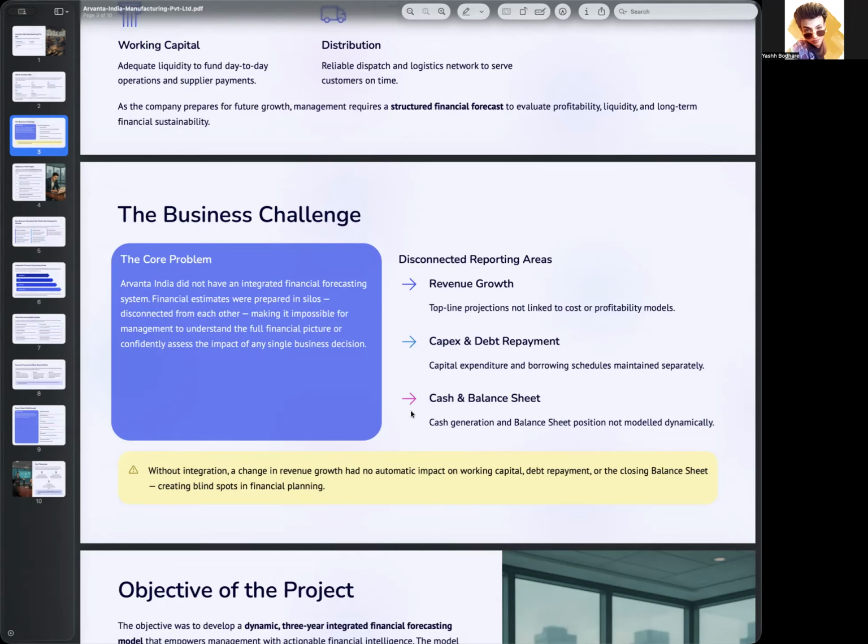But in a disconnected system, management would need to update all these calculations manually. This increases the risk of errors and makes it difficult to understand the complete financial impact of a business decision. So the real requirement was to build one integrated model where a change in any major assumption automatically flows through the entire financial forecast.